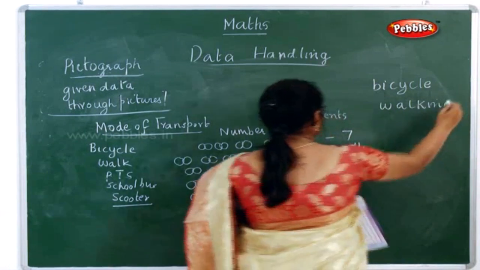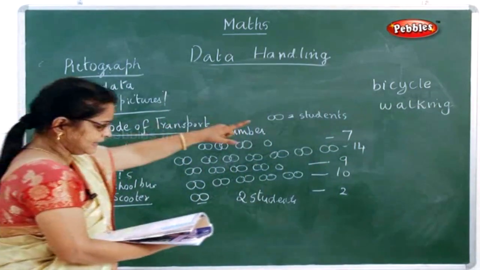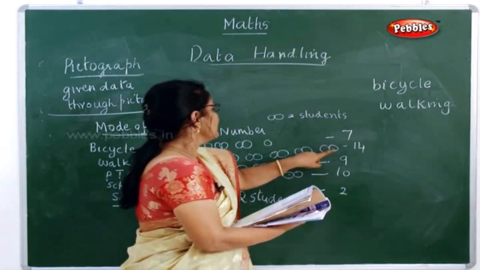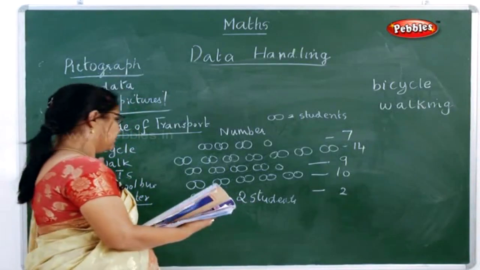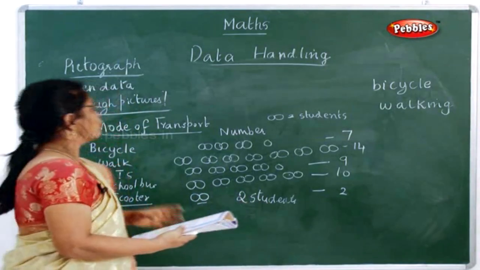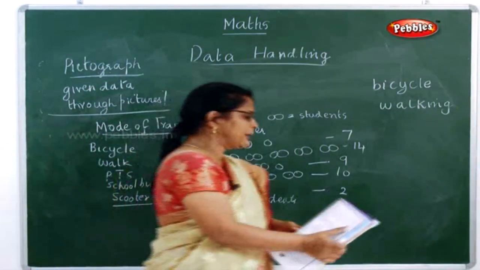Is it clear now? Now last question, the number of students who come by bicycle will be half the number of the students who come by walking. Is it clear? So this is how you have to write the answer from the pictograph.